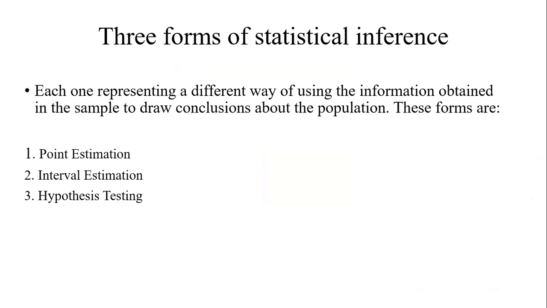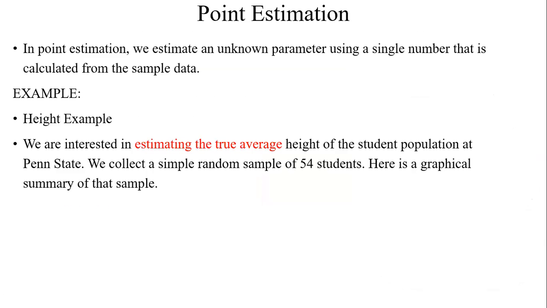And there are three forms of inferential statistics: point estimation, interval estimation, and hypothesis testing. Let's see what point estimation is. In point estimation, we estimate an unknown parameter using a single number that is calculated from the sample data. For example, height.